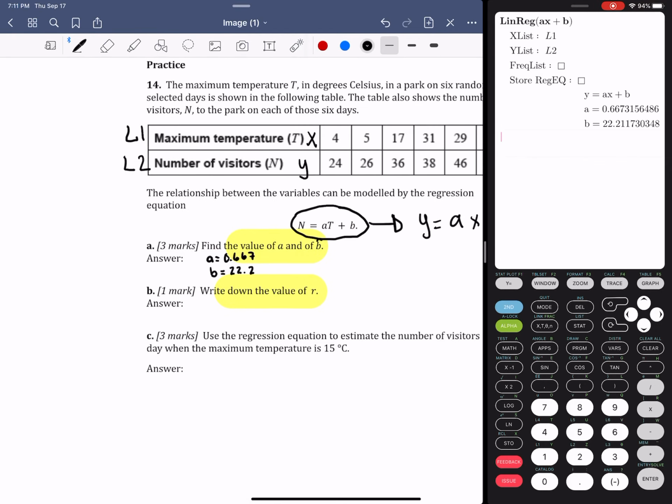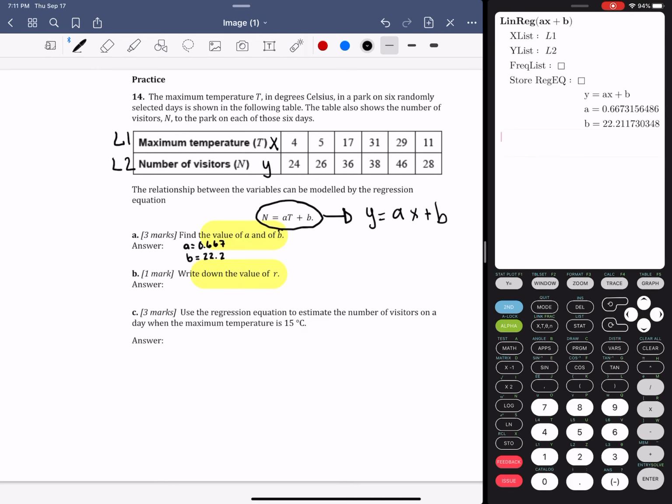One extra thing that I'm going to do is put this in my equation already. So y equals 0.667x plus 22.2.